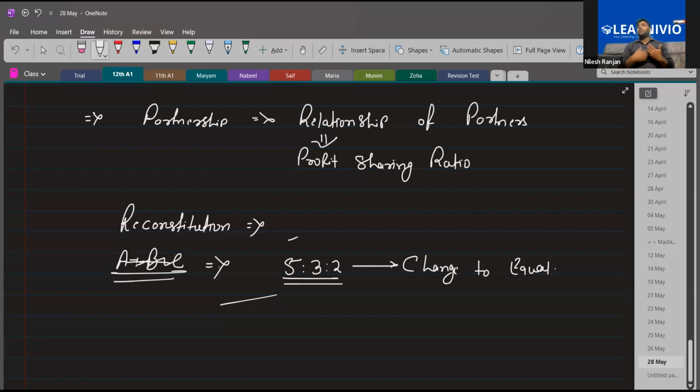That is not a shutdown of business. We are just changing the relationship, changing the agreement between partners. That's why it is said that the old partnership agreement will come to an end and a new partnership agreement will start. That is called reconstitution.